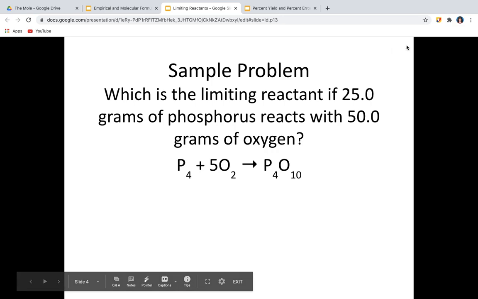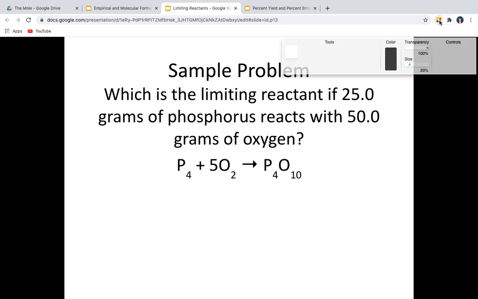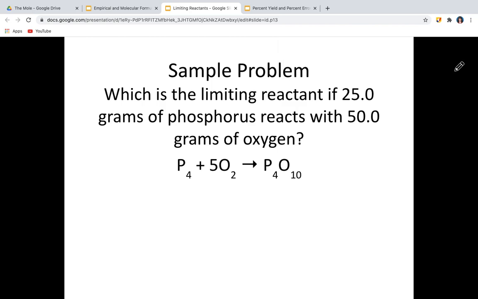Okay, the best thing to do here is start off with a sample problem. We have 25 grams of phosphorus reacting with 50 grams of oxygen. We need to know what the limiting reactant is. What's nice is each one of these conversion factors is going to look exactly the same. So I'm just going to start with phosphorus. I'm going to draw out my roadmap.